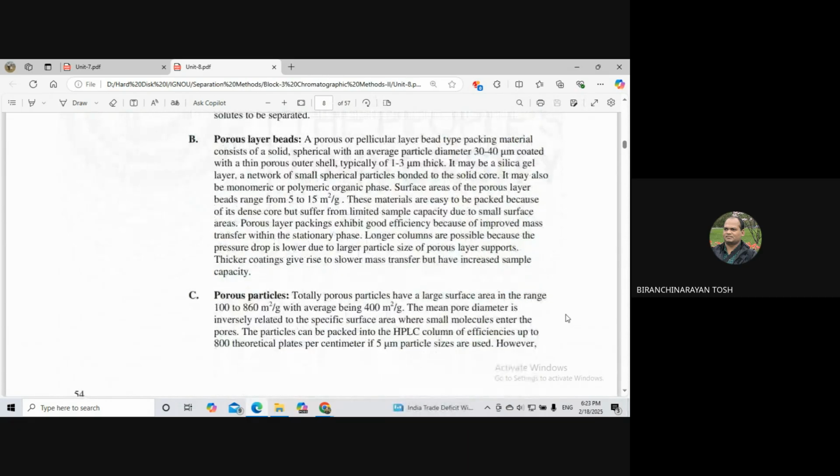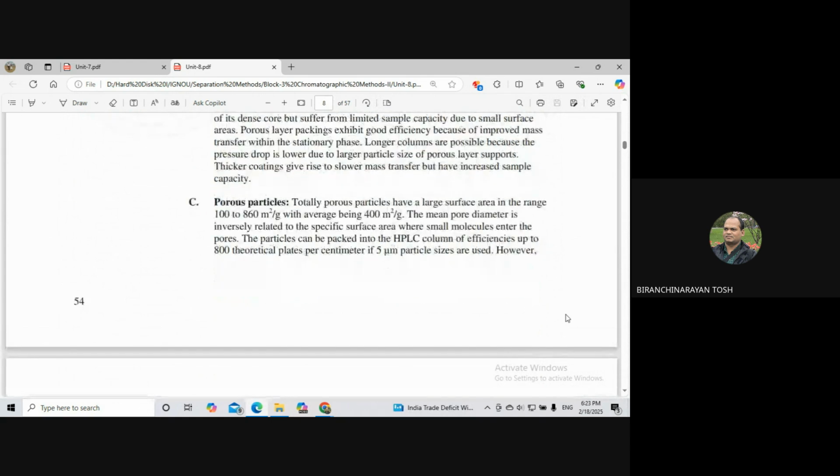In the porous particles, totally porous particles have a large surface area in the range of 100 to 860 square meters per gram, with the average being 400 square meters per gram. The mean pore diameter is inversely related to the specific surface area, where small molecules enter the pores.